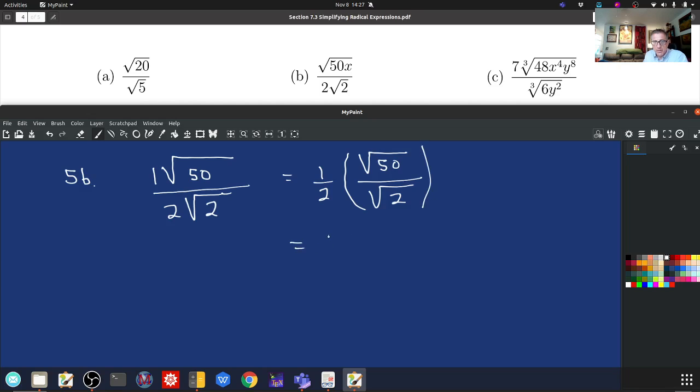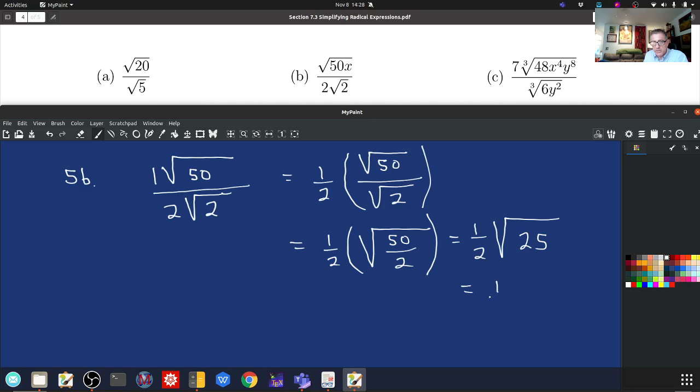Well, that's equal to 1/2 times the square root of 50 divided by 2. Do you see how this is going to work out? Well, that's equal to 1/2 times the square root of 25, which is equal to 1/2 times 5.